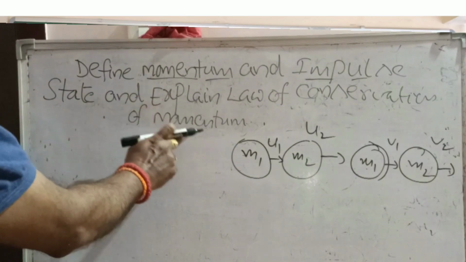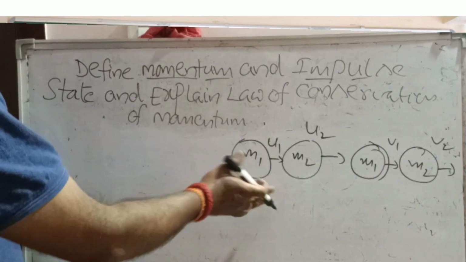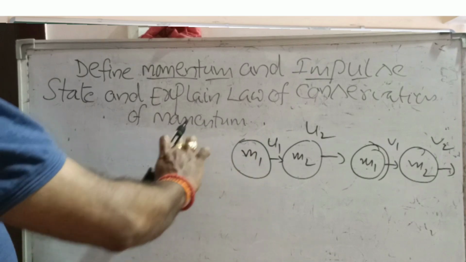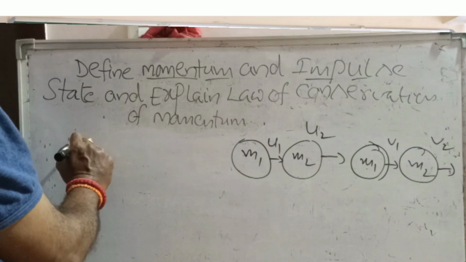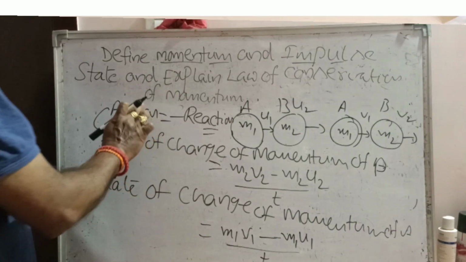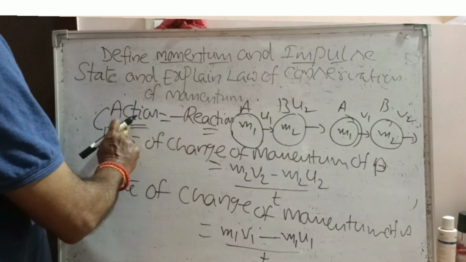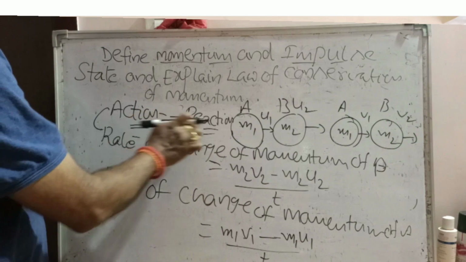According to the principle of conservation of momentum, when there is no external force acting on the system, the total momentum remains constant. According to Newton's third law, every action has an equal and opposite reaction. Action is equal to minus reaction. So now let us see what are action and reaction here.